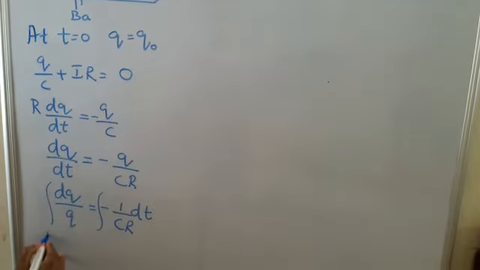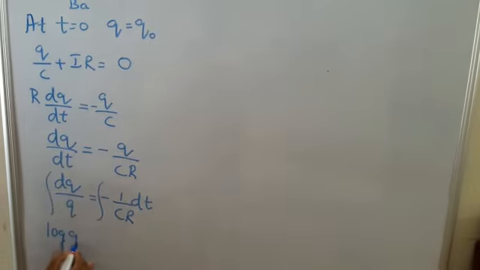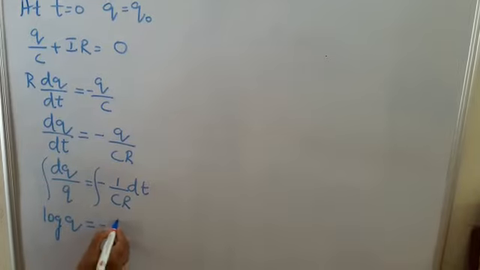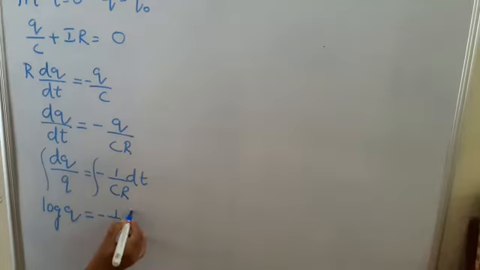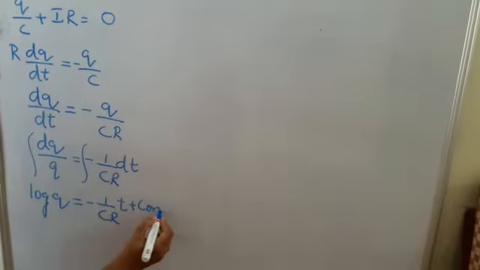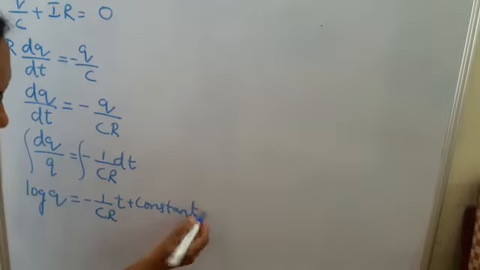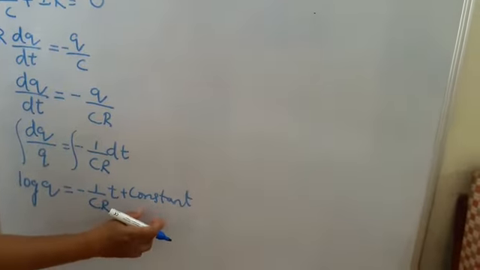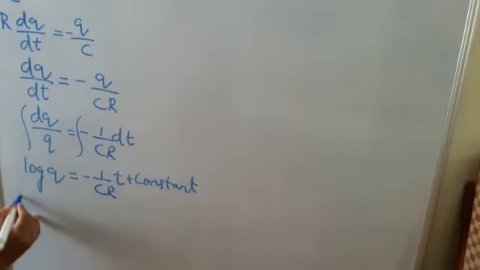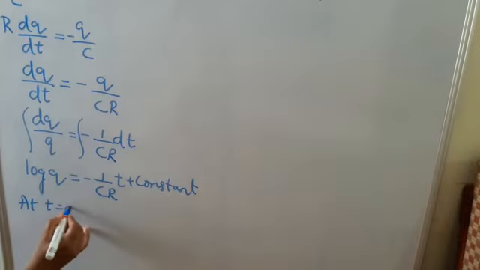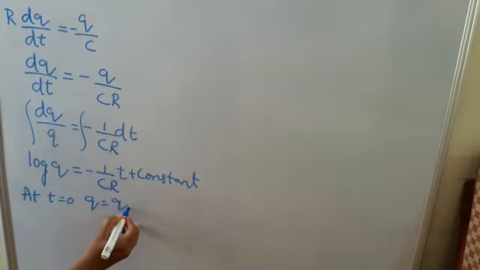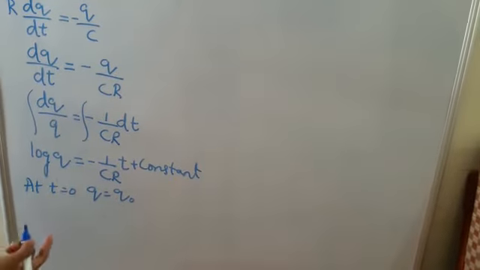If we integrate this, we have log of Q equal to minus 1 divided by CR into t plus constant. This is the constant of integration. To find the value of the constant, we know that at time t equals 0, the charge on the capacitor will be maximum, that is Q0.